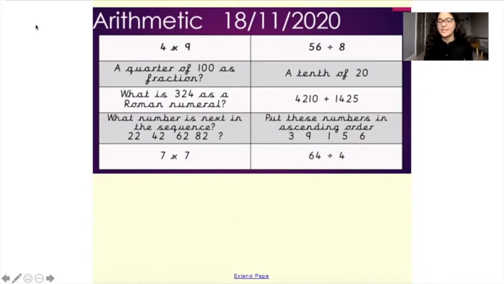Put these numbers in ascending order: 3, 9, 1, 5, 6. 64 divided by 4. These are your arithmetic questions for today. Pause the video, have a go, and when you unpause, we will get started with the lesson today.